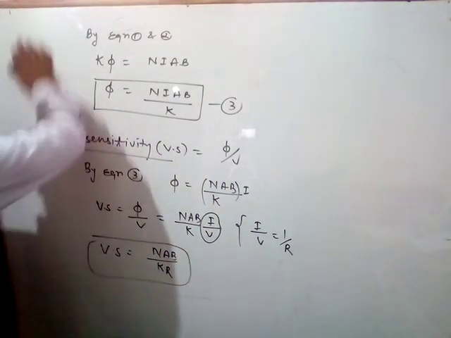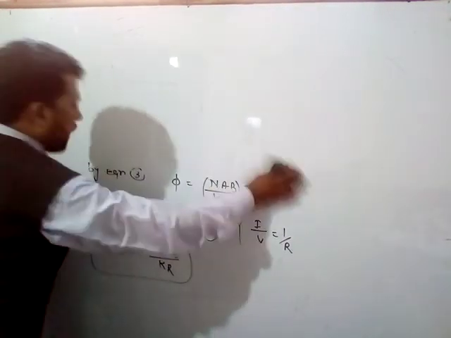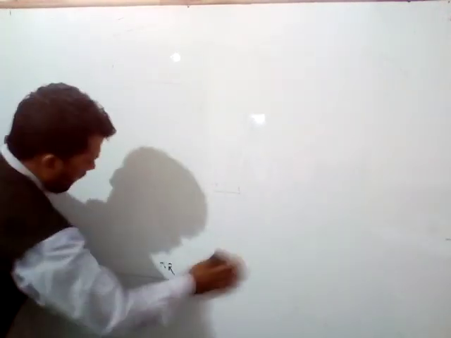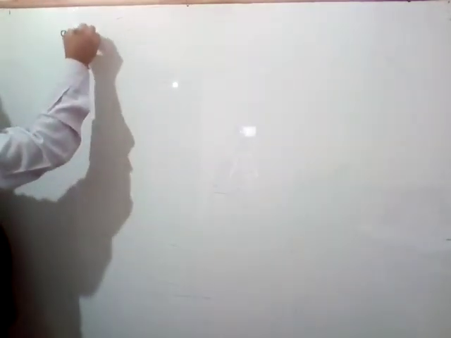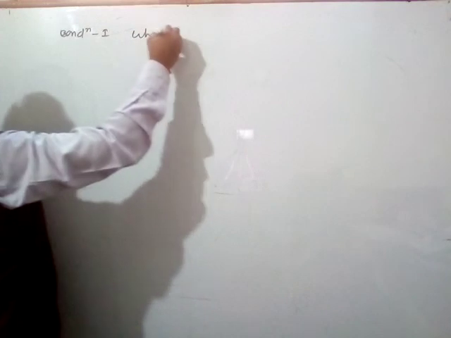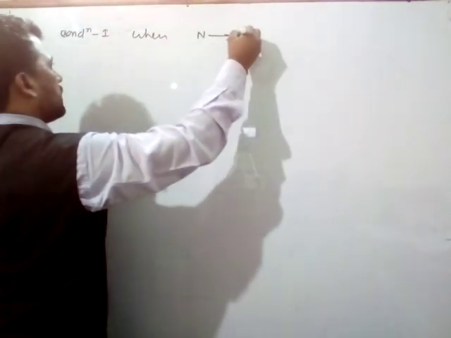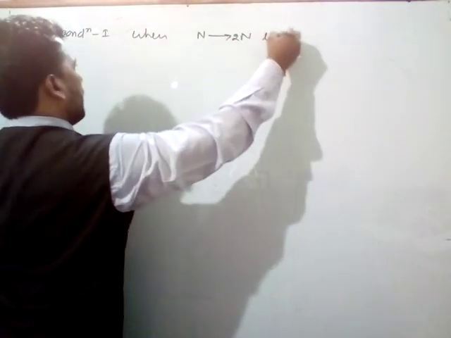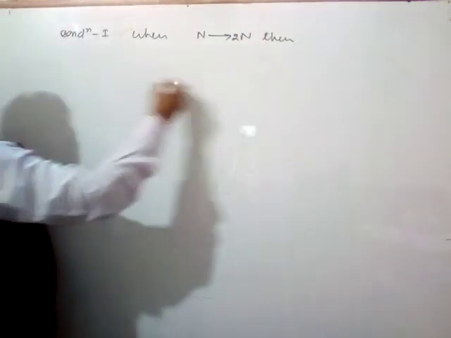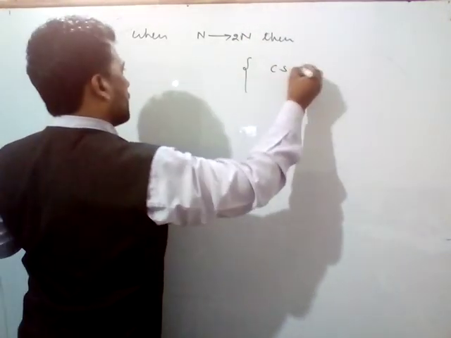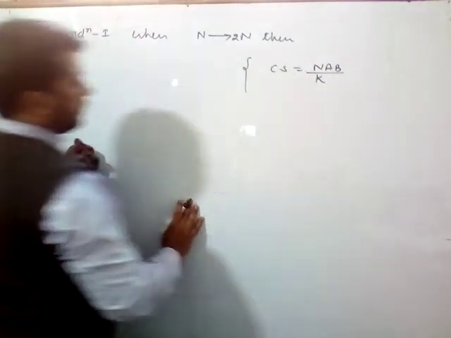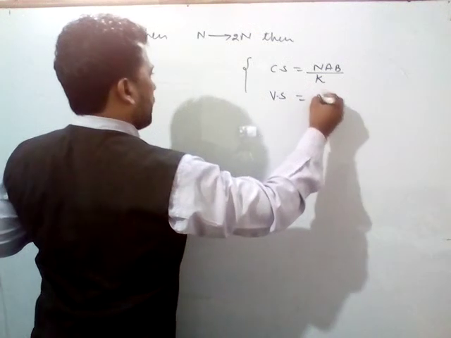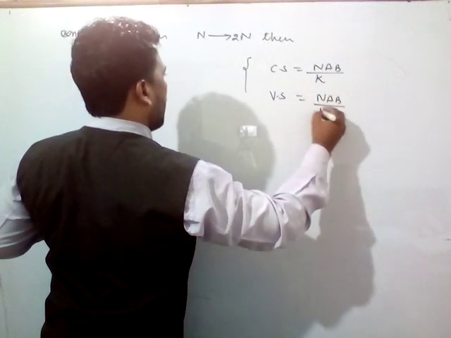Let me consider some specific conditions for current sensitivity and voltage sensitivity. First condition: the number of turns n is replaced by 2n. The formulas are Cs equals NAB upon K, and Vs equals NAB upon KR.